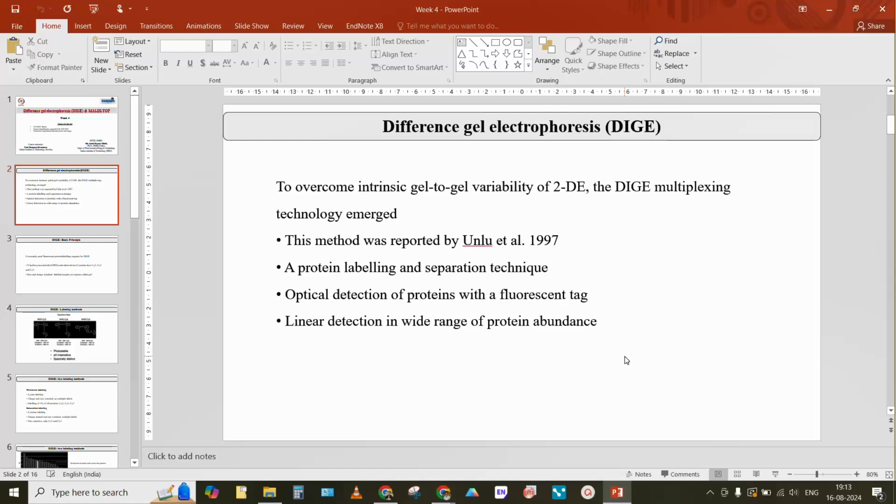So overall, one can expect a very sensitive method giving rise to a very large dynamic range of protein detection using fluorescent tags, and it allows multiplexing and separating proteins on one gel. It is expected to avoid a lot of difficulties encountered in the traditional 2D gel.